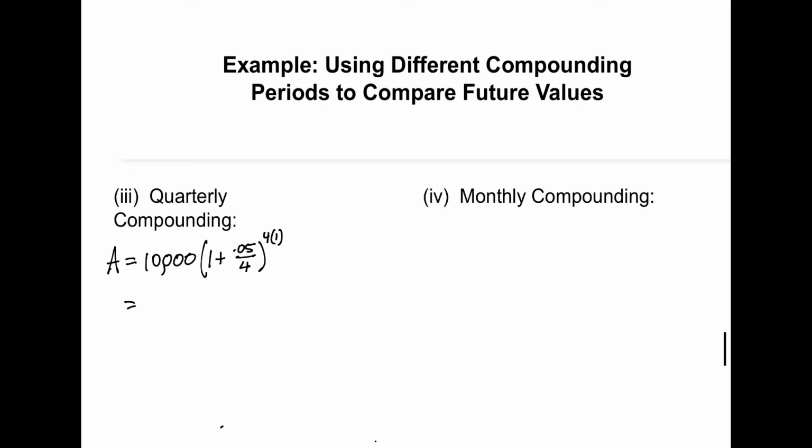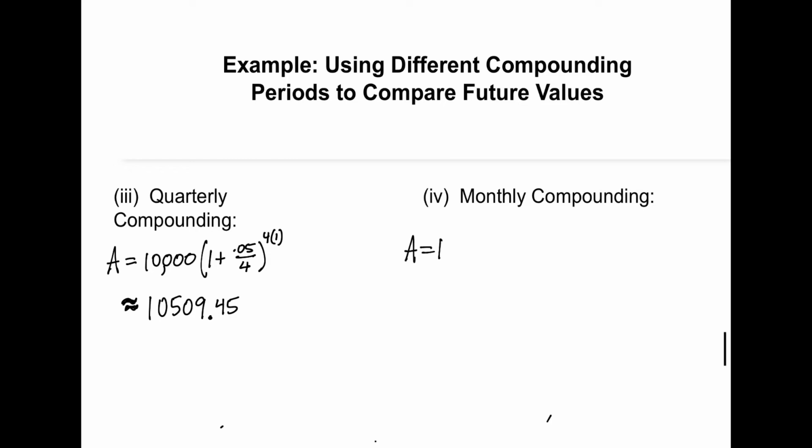Putting that into my calculator all at once should get $10,509.45 approximately. All right, so compared to twice a year, I made about $3 more. Instead of 106, it's 109, and that's simply by being paid out quarterly rather than twice a year. So I got paid twice more that year.